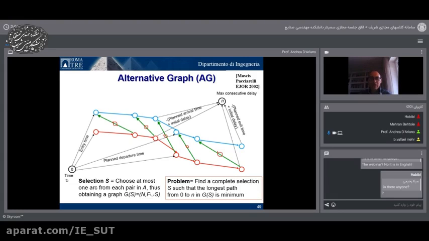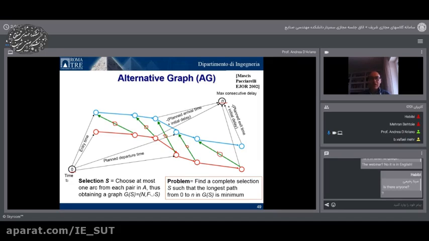So in general, from a mathematical point of view, on this graph, we are searching for a complete selection. That means for each pair of alternative arcs, I select exactly one arc in such a way that I minimize the longest path from the starting node to the ending node. So from the node 0 to the node n, we want to minimize the longest path in this graph.